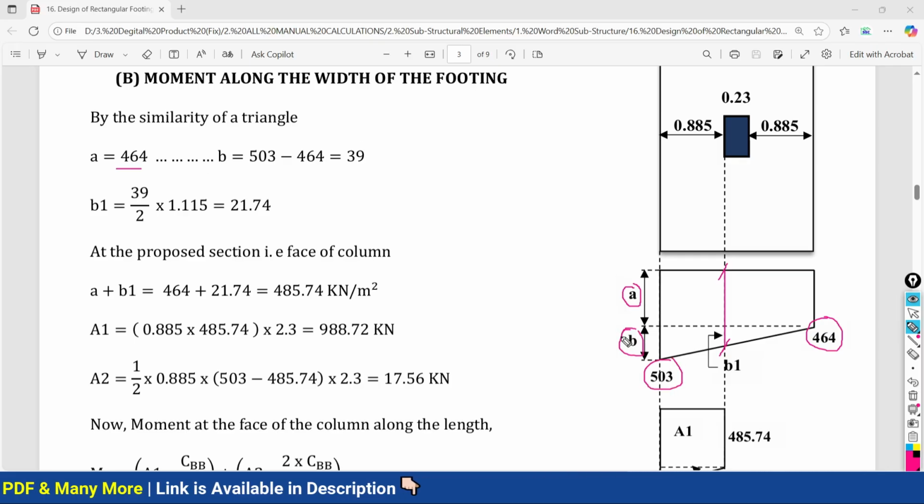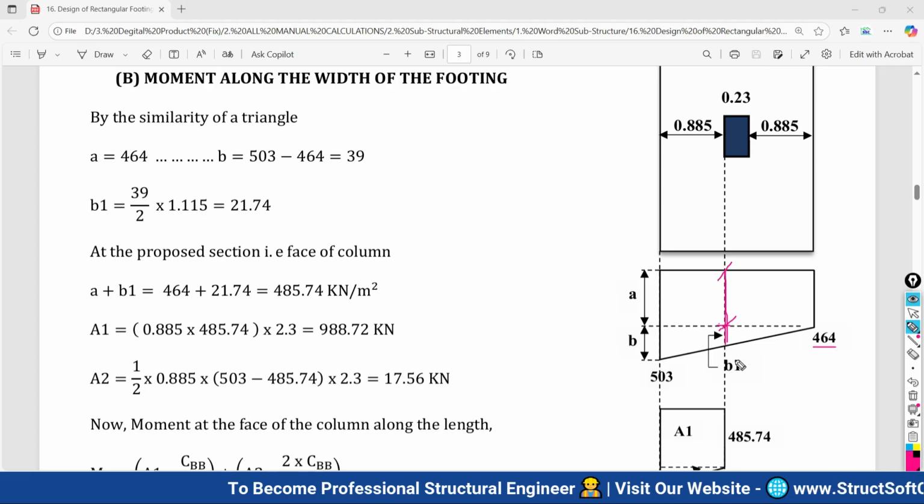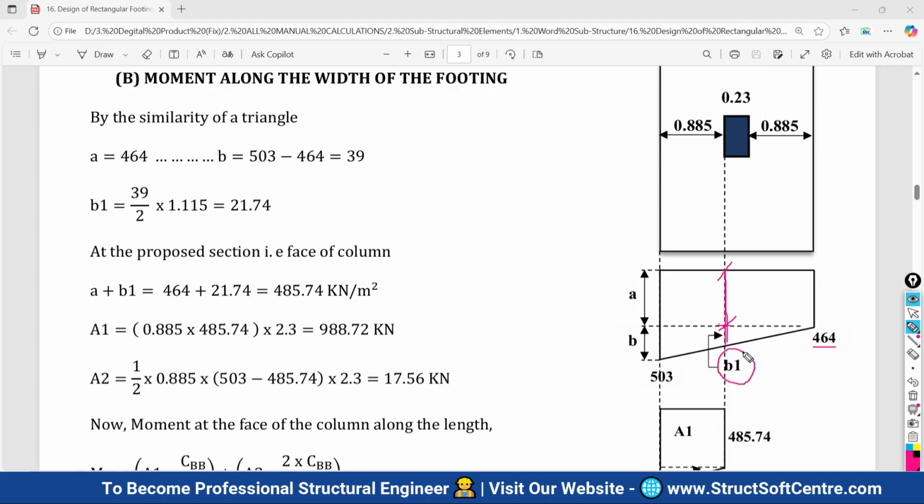So we are getting the B value as 39. If you add A and B, you will get the total height as 503. Very simple. Now the objective is to calculate this height. So amongst this total height, we already know this height. How much is it? It is 464, and the rest we are going to denote by B1.